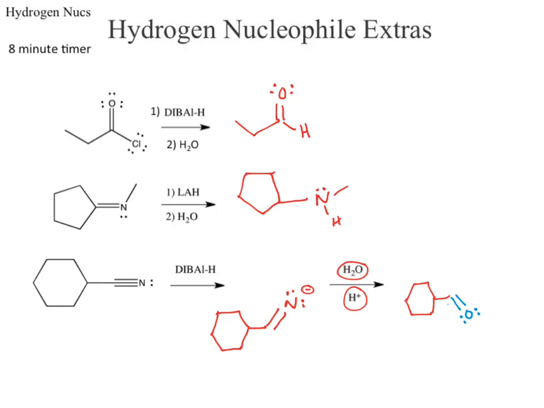So for those of you that got the imine on there after a single reduction, good job. You had the right idea. We just now have to realize that you have to look at all of your reagents. You do end up with the aldehyde in this case, not the nitrogen compound.